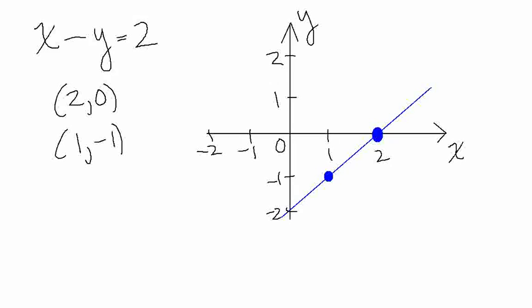So what are the intercepts, the x and y intercepts for this line? Okay, can you see that the x-intercept is (2, 0), and can you see that the y-intercept, after I corrected my y-axis, is (0, -2)?